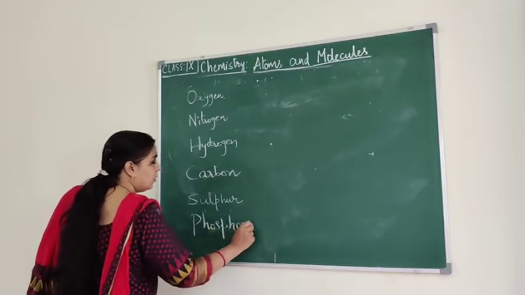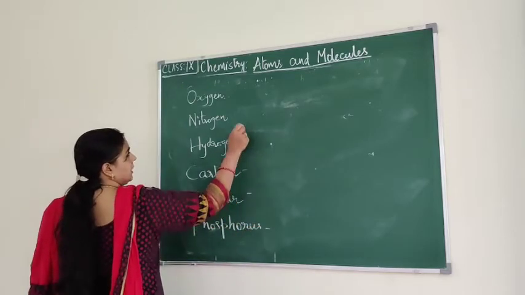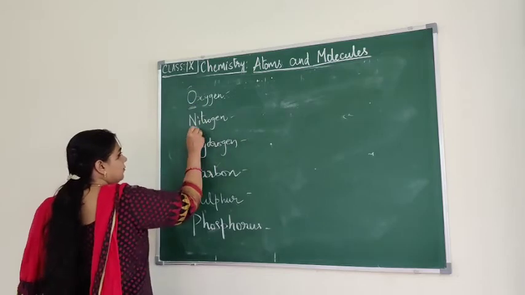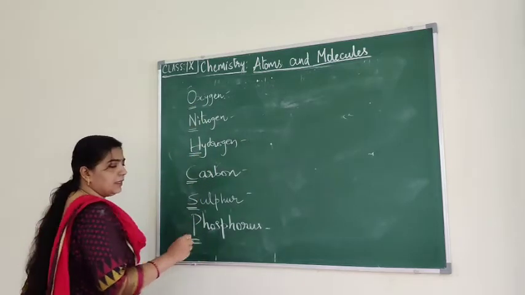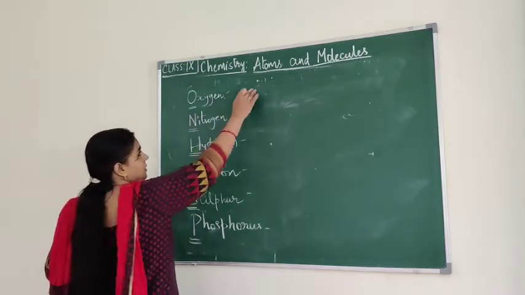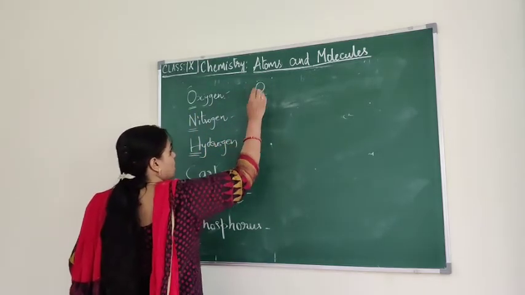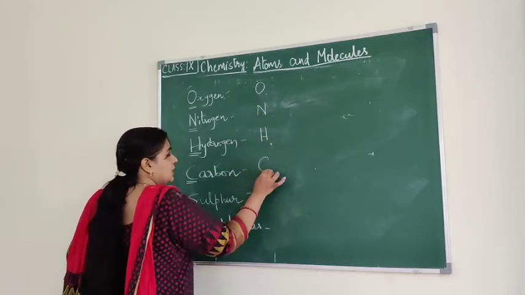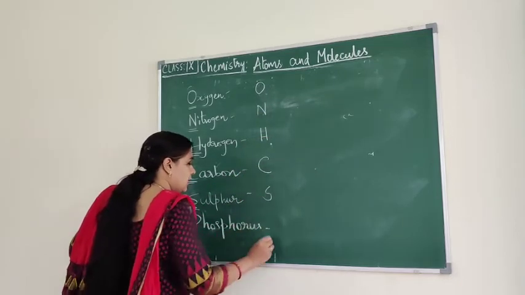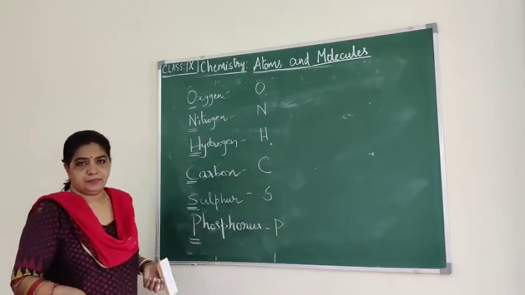For these elements, we have taken the first letter and given the symbol. So what is the symbol for oxygen? It is O. Nitrogen, N. Hydrogen, H. C, carbon, S is sulfur, and phosphorus, P.